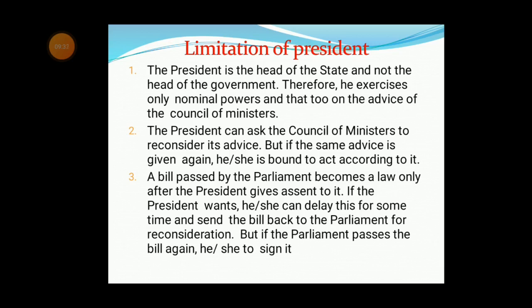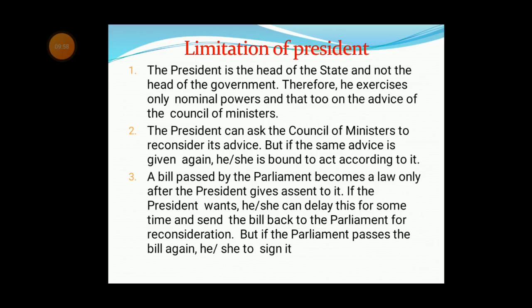The president can ask the council of ministers to reconsider its advice. For example, if any person has been sentenced to imprisonment till death and writes a letter to the president, the president will ask the council of ministers to consider it.